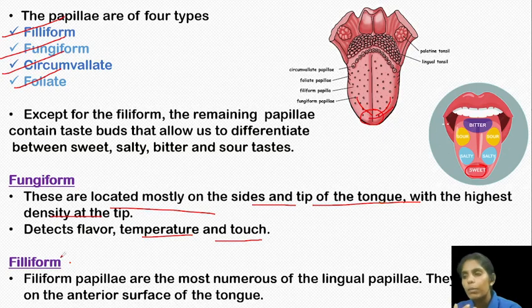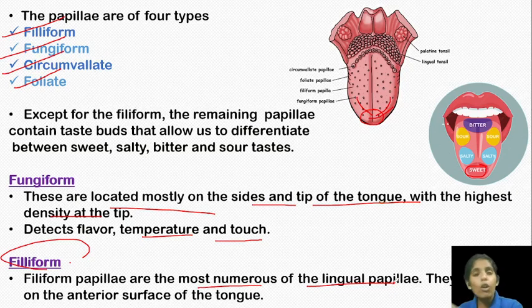Now the filiform papillae, these are the most numerous of the lingual papillae. That means of all the lingual papillae, the filiform papillae are present more in number and they are present on the anterior surface. So this portion is the anterior surface of the tongue.